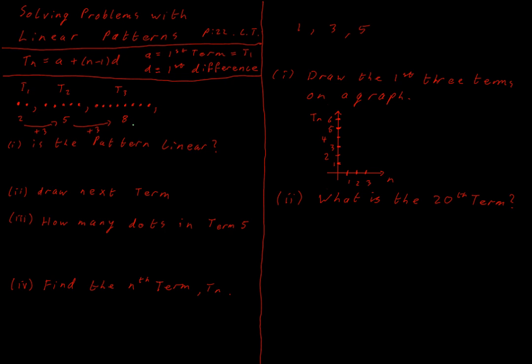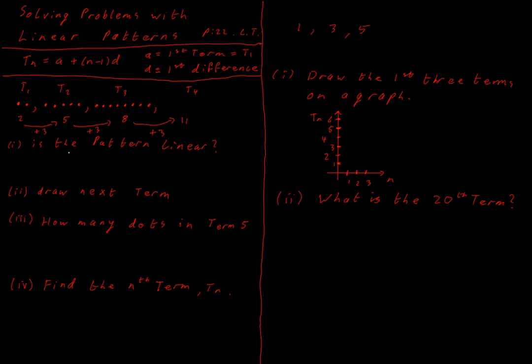So how many dots would be in my next term? Well, I'd add 3, and I'd end up at 11 dots. So there should be 11 dots in my next term, in my fourth term, because we're going up by the same amount each time.